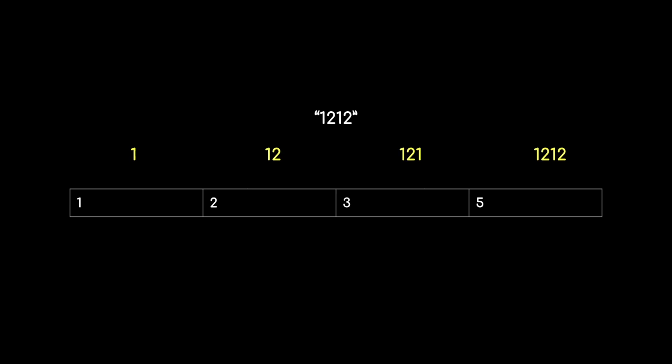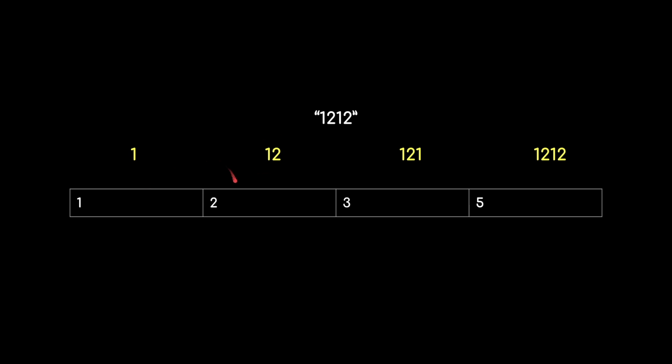So let's see how. Let's say we have a string 1212. So in the beginning, we have taken a single digit 1, and the ways to decode this 1 is only 1. But when we have two digits, 1 and 2, how many ways are there to decode this 12? Two ways. Either we can take 1 and 2 separately as single digits, or we can take 12 as a double digit.